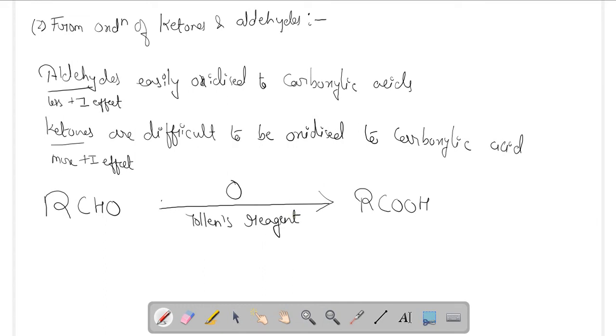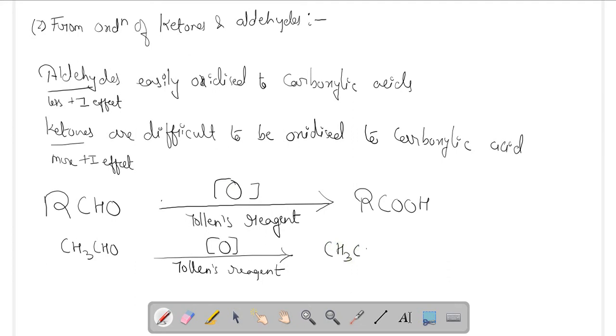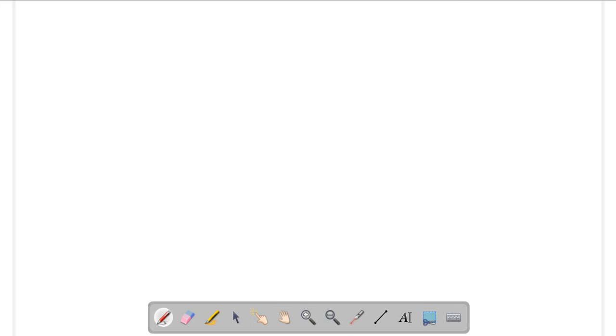Okay, for example, if ethanal is taken, on treatment with Tollens reagent it will produce acetic acid. Okay, while ketones can be oxidized with strong oxidizing agents. It will require a strong oxidizing agent for the oxidation process.